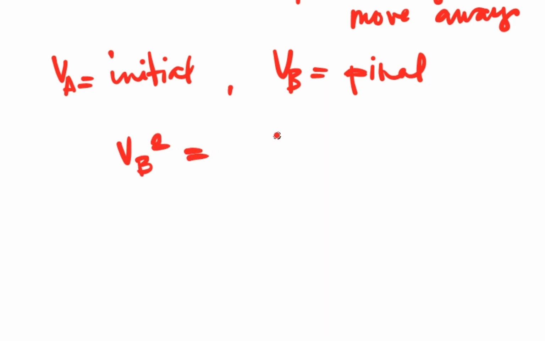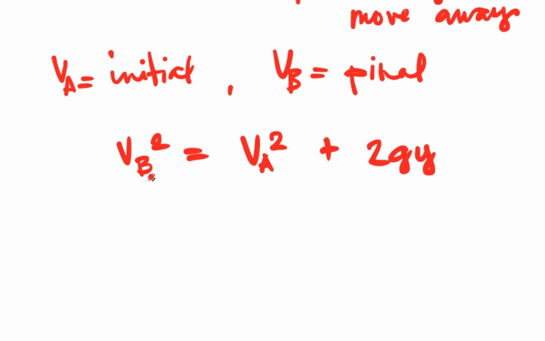VB squared is equal to VA squared plus 2GY. We use G since it is free falling. This G is acceleration due to gravity, and we use Y to denote that it is traveling vertically, a vertical motion.